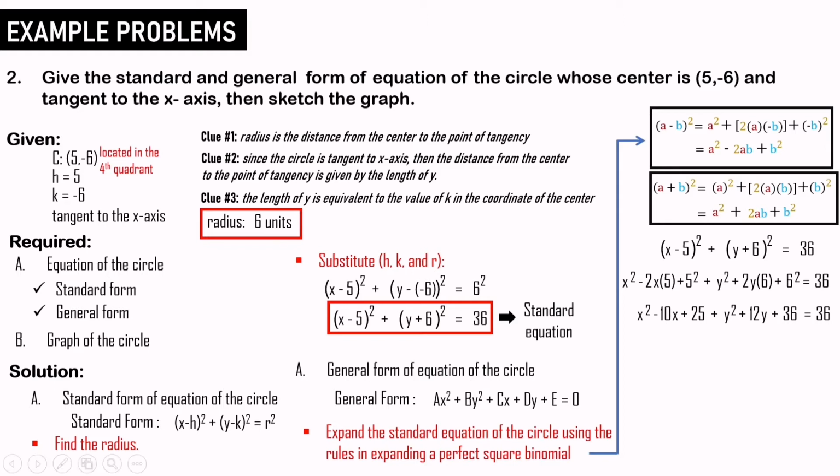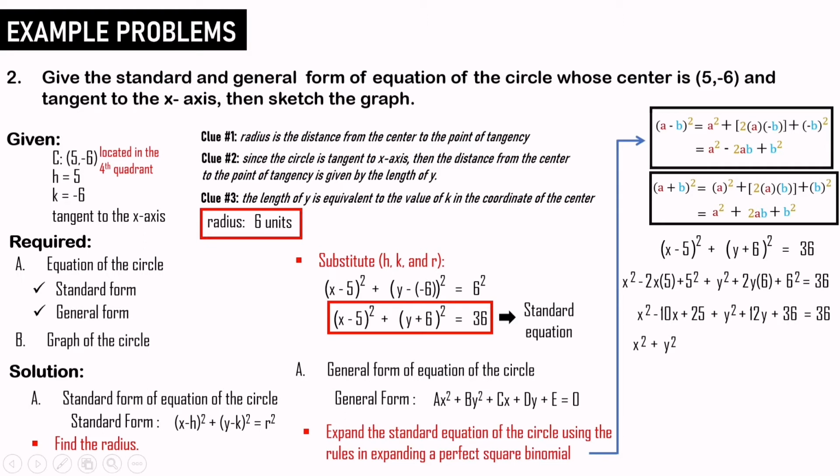Ato na dayong pangtibuo, no? Ipangtibo nato diri, iuna ang x squared, sunod dayon ang y squared. Para ato ni siyang himuon na parehas sa general form. So, x squared plus y squared, sunod is katong na ay x.